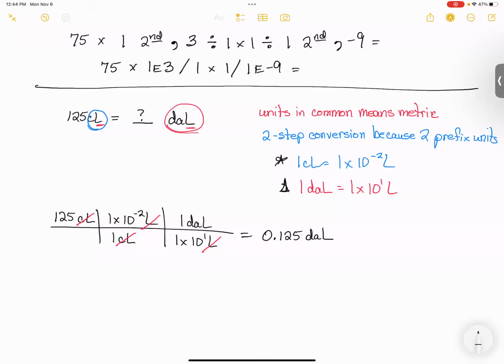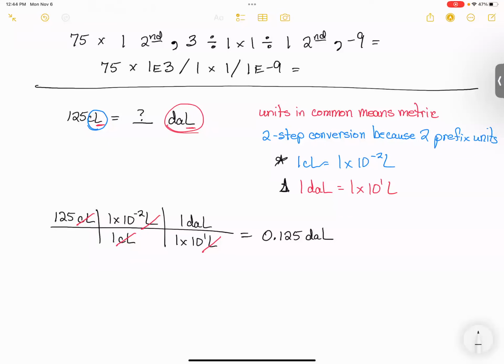Questions? There's one more variation on the metric prefix conversions, which we will be doing on Wednesday, and it's the toughest one. That is when you start cubing and squaring units, what do you do?